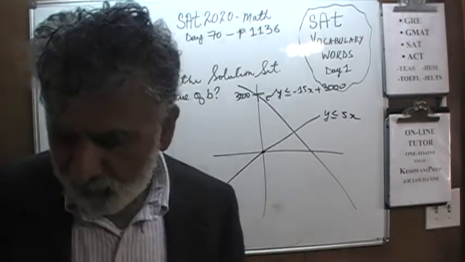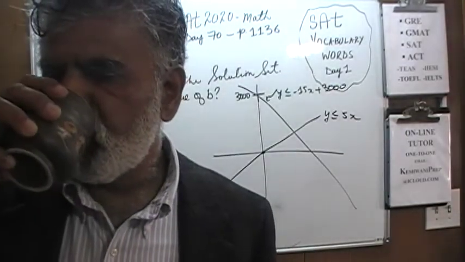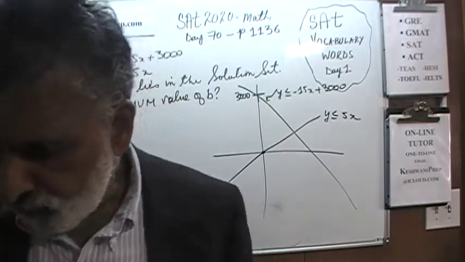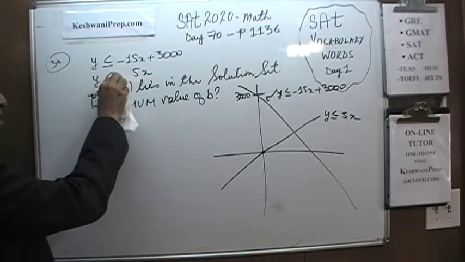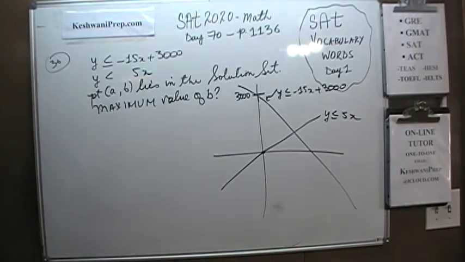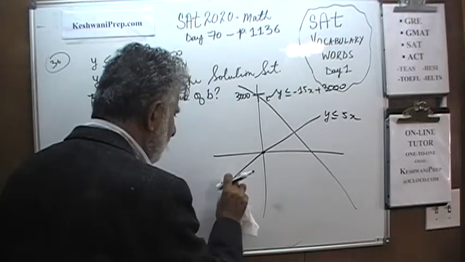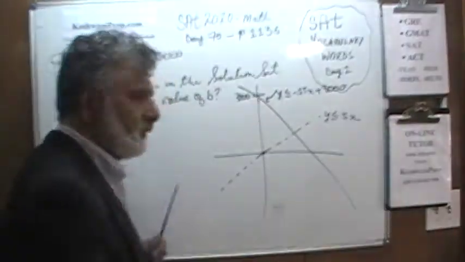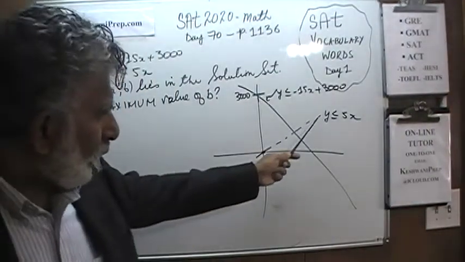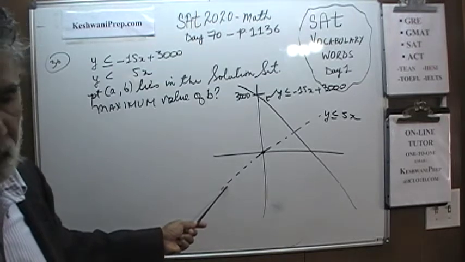This is where the story begins. Pay attention here. Had this been y is less than 5x, then instead of drawing a solid line, we would have drawn a dashed line like this. In other words, all the points that lie on this line are not part of the solution set because it is not equal.